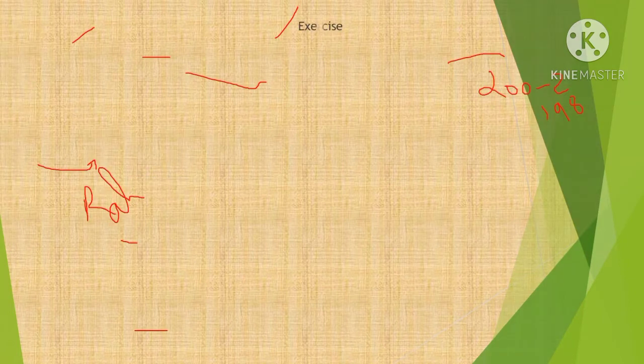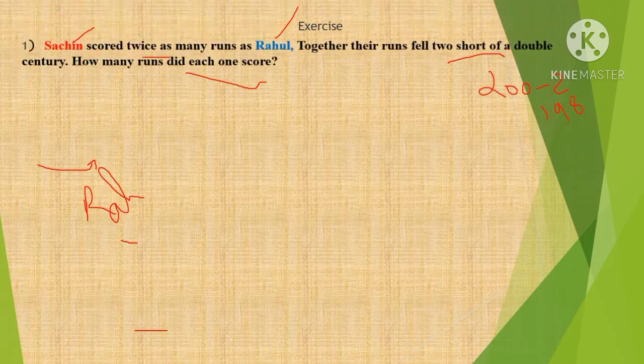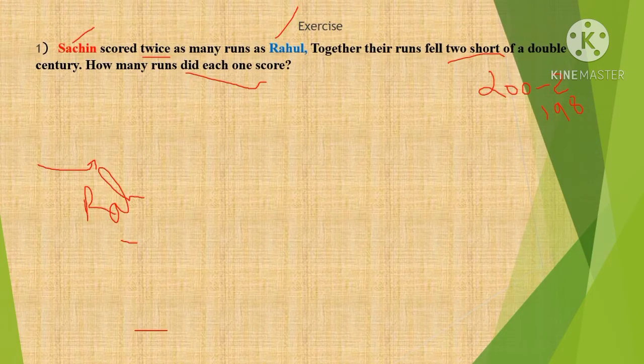Exercise problem. First question. Sachin scored twice as many runs as Rahul. Together, their runs fell too short of a double century. How many runs did each one score? So we don't know Rahul's run, we don't know Sachin's run. So we'll take Rahul's run as any one variable, because Sachin's runs will be double of Rahul's runs.